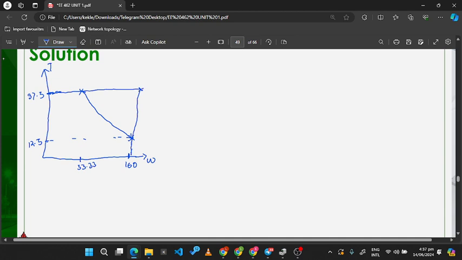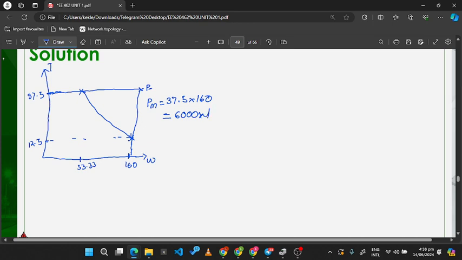So this would be where we get our rating. PM would be given by 37.5 multiplied by 160, that will be 6,000 watts.